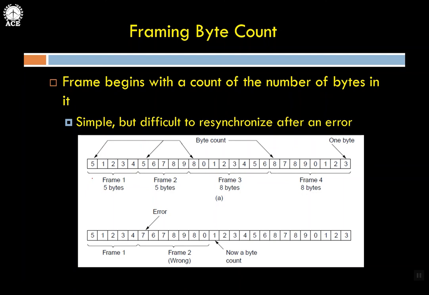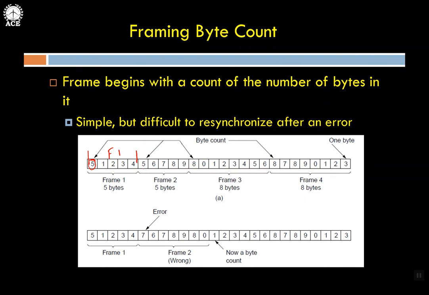So look at this. Let's understand here. This is my stream of binary bits, you can say, represented in the form of decimal digits. So what is the first parameter indicating? 5. What does that mean? My first frame has 5 bytes. The frame size of the first frame is 5 bytes, including the count. So 1, 2, 3, 4, 5. So this is frame 1. End of the frame. And now what is the next number? The next number also indicates the size of the frame.